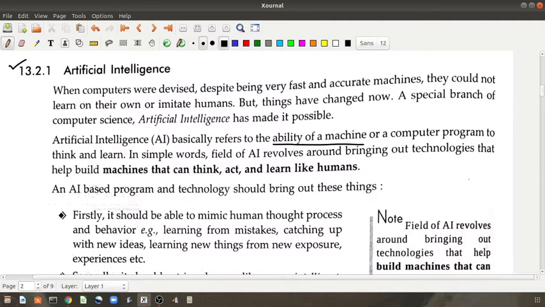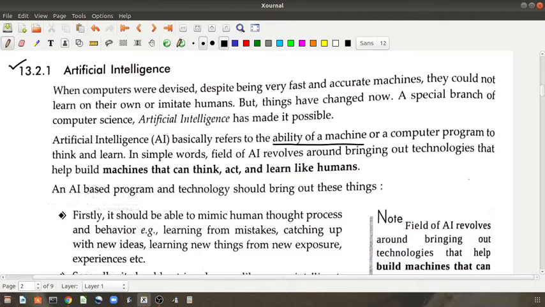So if the intelligence of human beings can be given to a computer, then that is the best combination that can happen. That is how we are going to make a machine think like humans. That is called artificial intelligence.